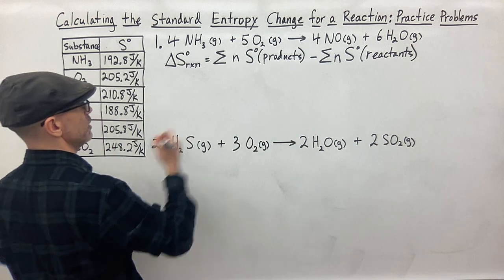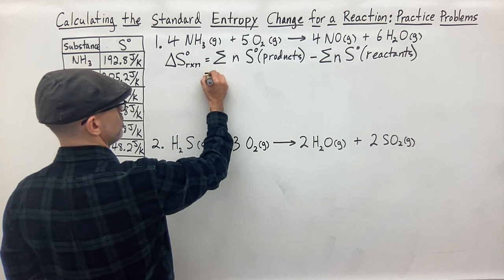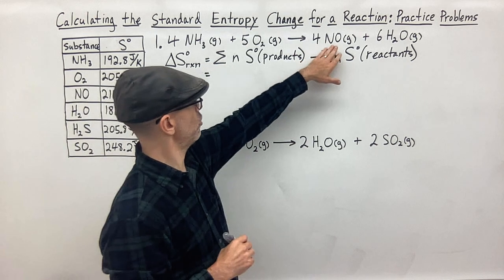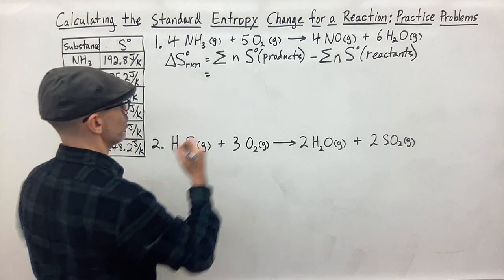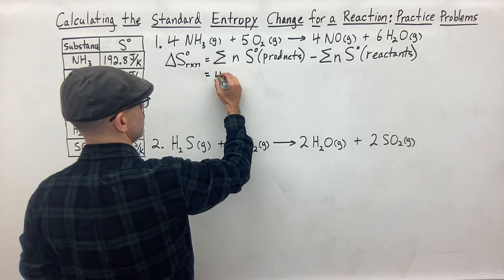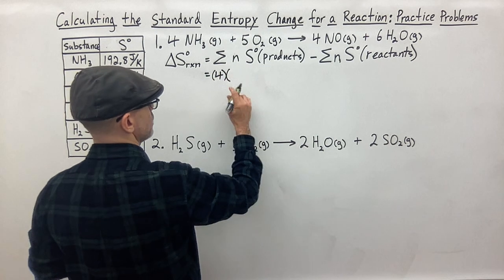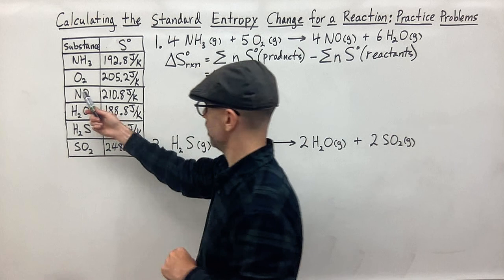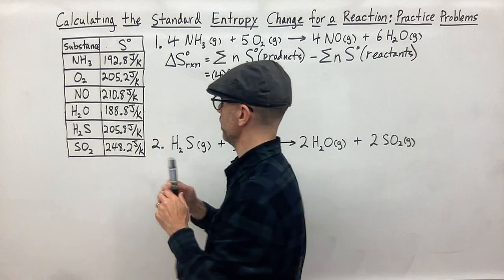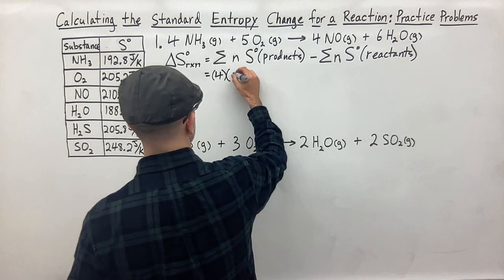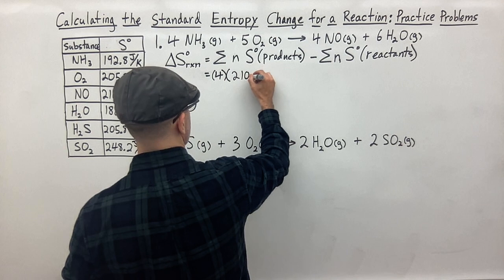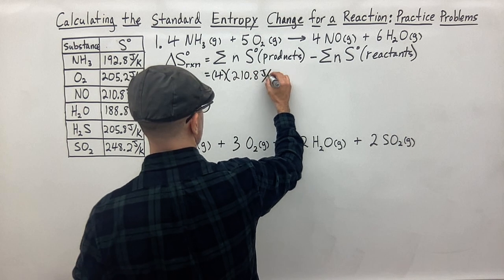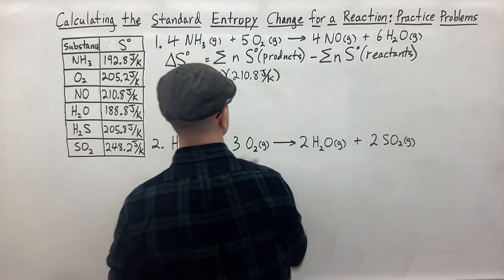So this is going to be equal to, we'll take our product, NO. NO has a 4, so it's going to be 4 times the standard entropy of NO, and we go to our table here, and NO is 210.8 joules per Kelvin.